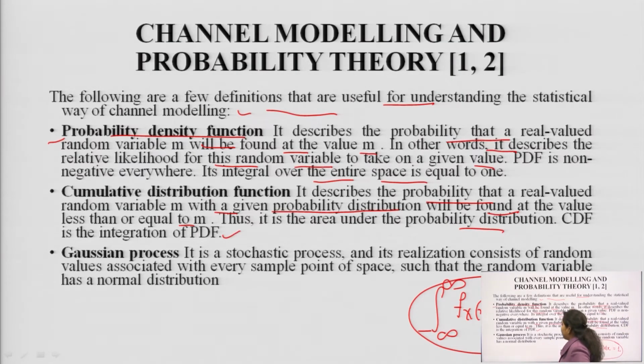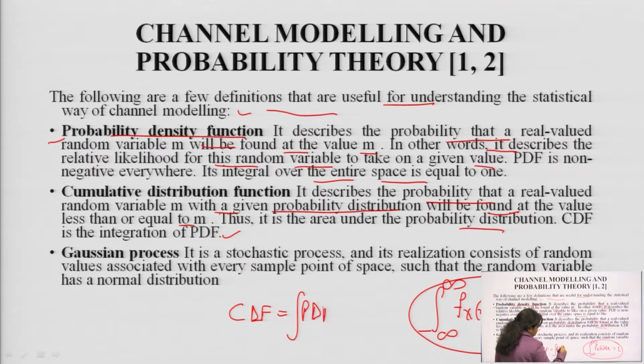CDF is the integration of the PDF, or the reverse is also true: PDF is the differentiation of the CDF. Then the Gaussian process. A Gaussian process is a stochastic process whose realization consists of random values associated with every sample point of the space, such that the random variable has a normal distribution.